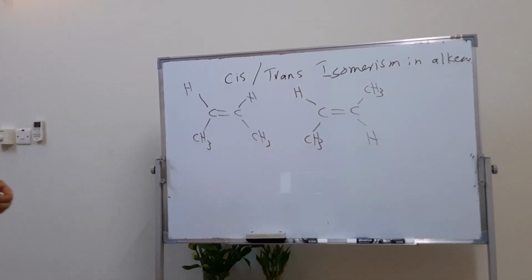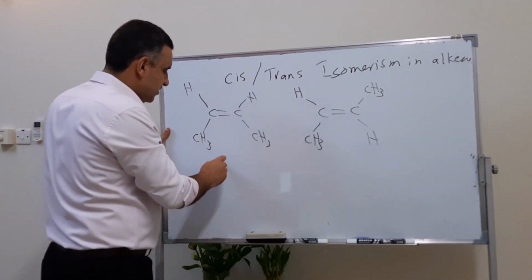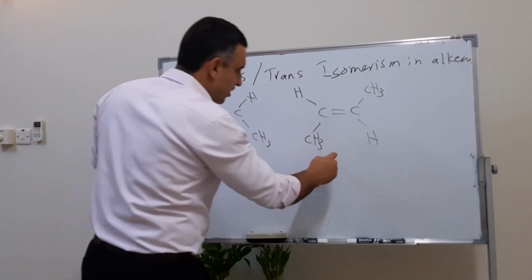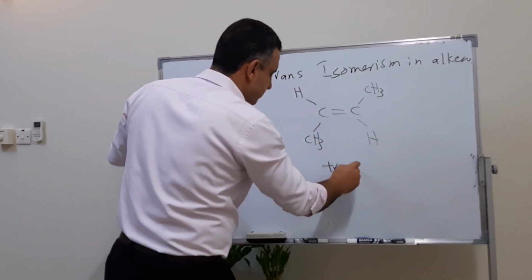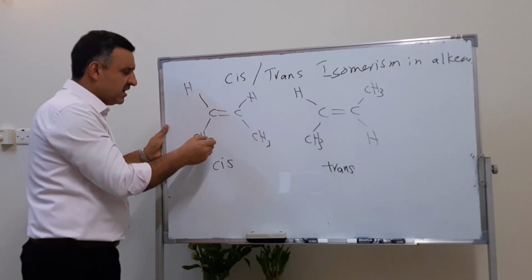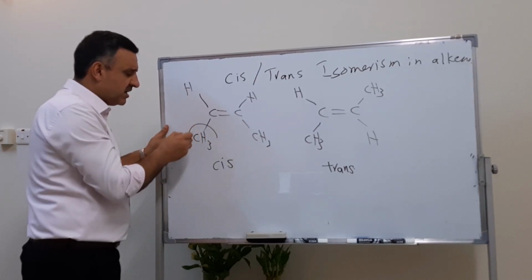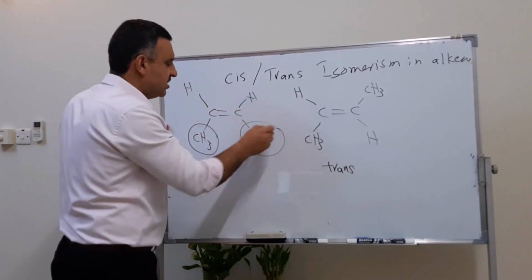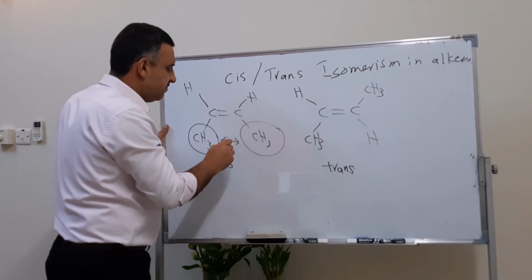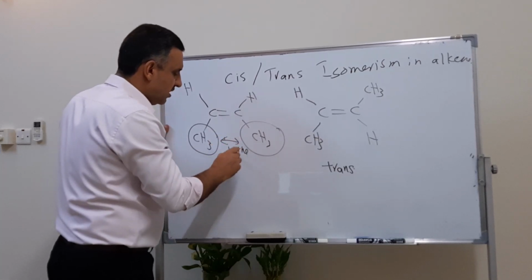So these two compounds here, this we call cis, and this we call trans. The cis in here, around the carbon double bond carbon, is when the two groups are in the same phase or in the same plane.